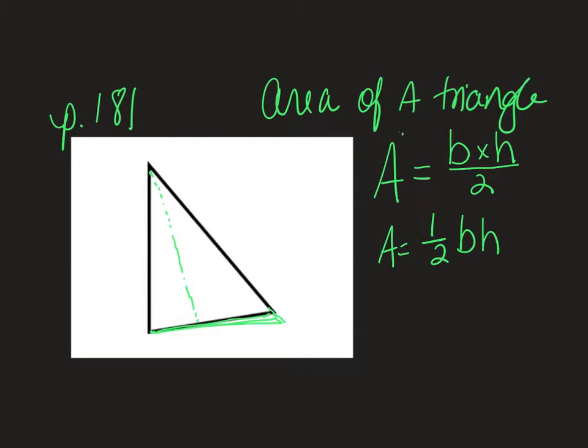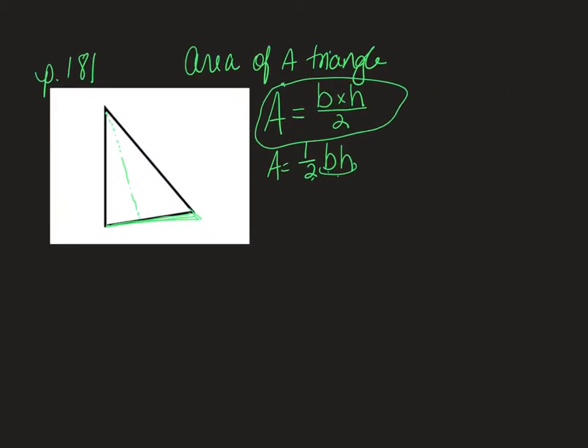I find it a lot easier to solve it using this method, which comes out the same thing. In that instance, you take 1/2 and multiply it times base, and then that times height. Whereas if you just multiply the base and the height and divide it by 2, you're going to get the same answer. So remember that. Area equals base times height divided by 2.